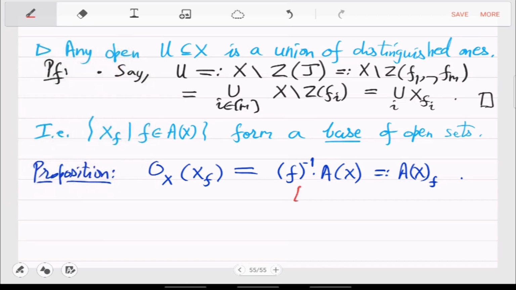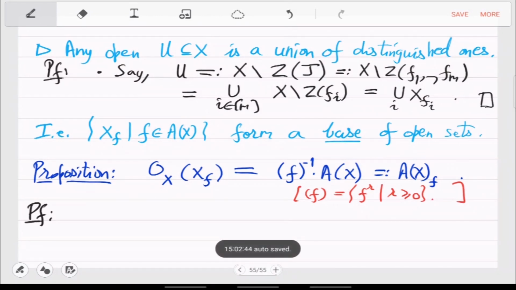So let me write it maybe that bracket f is just powers. By bracket f I mean the multiplicative closed set generated by this single element, so you get only powers. What is the proof of this?